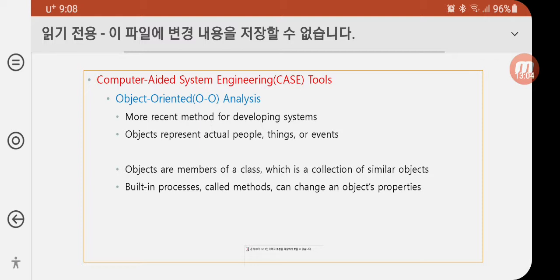Objects are members of a class, which is a collection of similar objects. Objects have built-in processes called methods that can change an object's properties. Object-oriented methodology provides an easy transition to OO programming languages like Java.